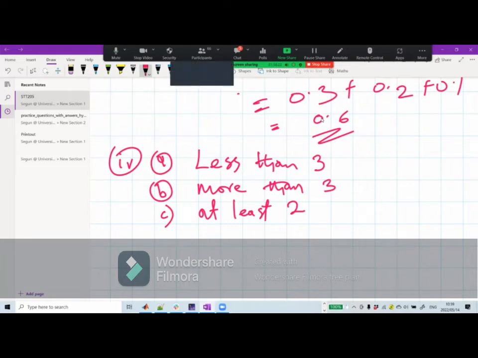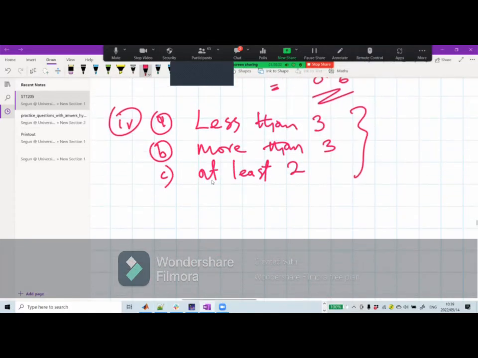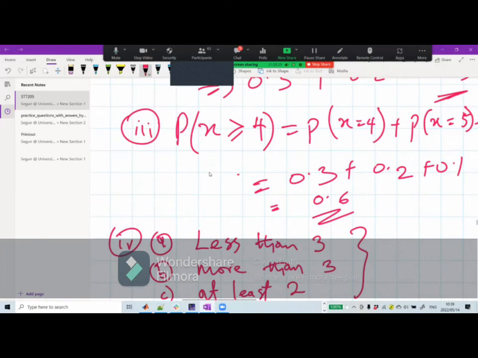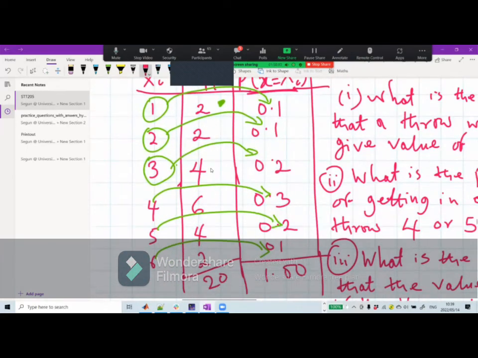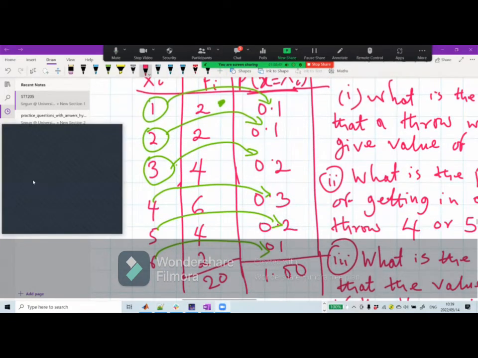Okay, everybody, in 1 minute, can we solve this one? Please, sir, scroll down to the table. You didn't copy the table at all? Here is the table. Less than 3 is 0.2.